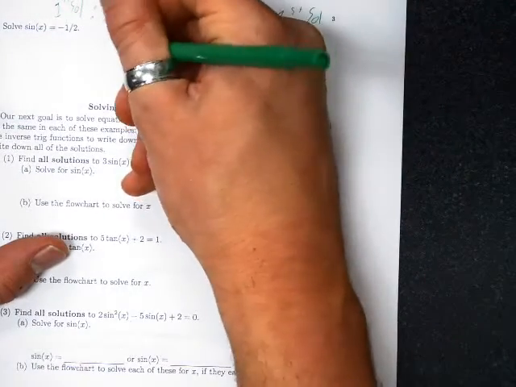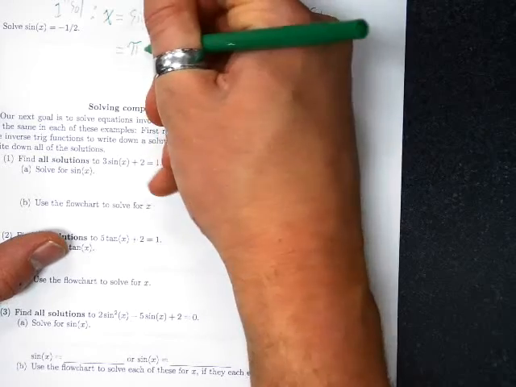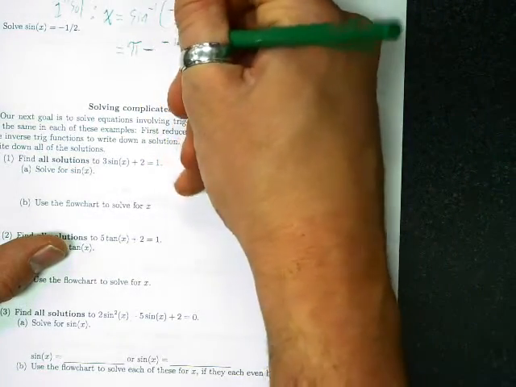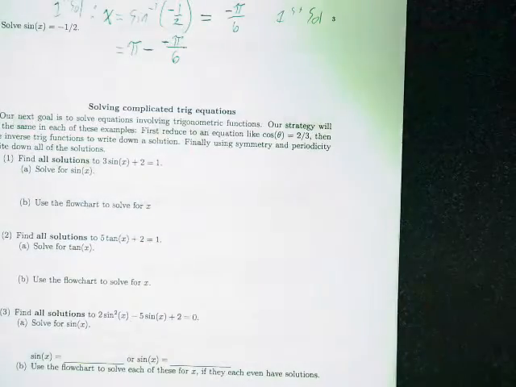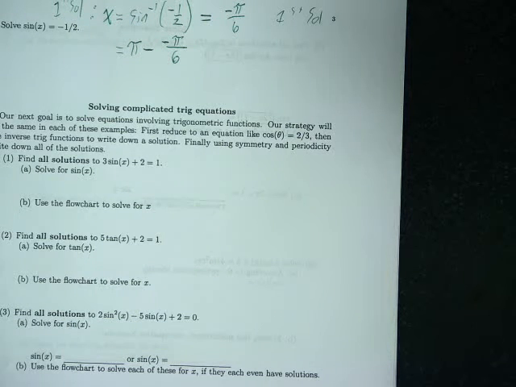The second solution is pi minus negative pi over 6. Because it should be pi minus the first solution. Now what does that simplify to? What's minus a negative? A positive? So it'll be pi plus pi over 6? 7 pi over 6.